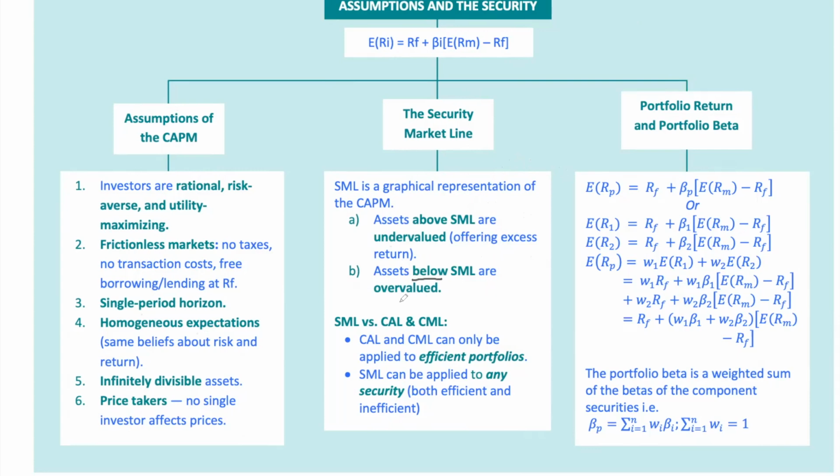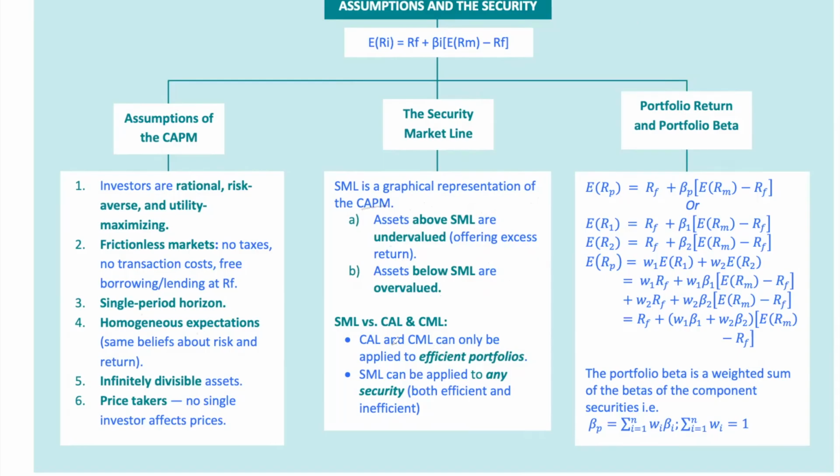If it's below the line, that means it's overvalued. You're taking on too much risk for too little reward. And if short selling is allowed, you'd short that thing faster than a Wall Street trader on a caffeine rush. In equilibrium, though, all properly priced securities, all well-behaved portfolios, they lie on the SML. Their returns line up perfectly with their risk, and no arbitrage opportunity exists. That's the beautiful, clean CAPM world.